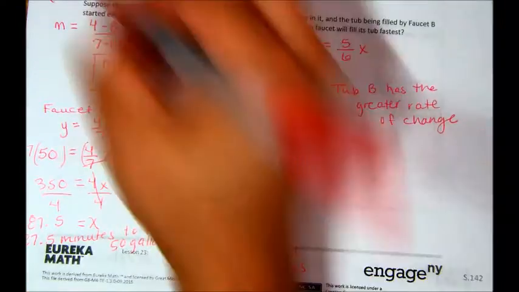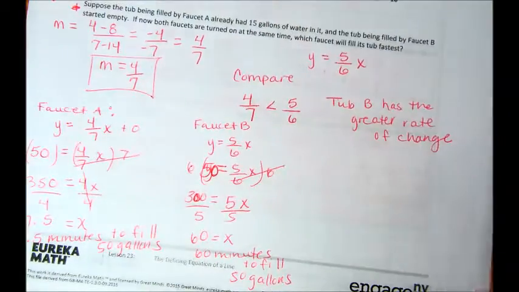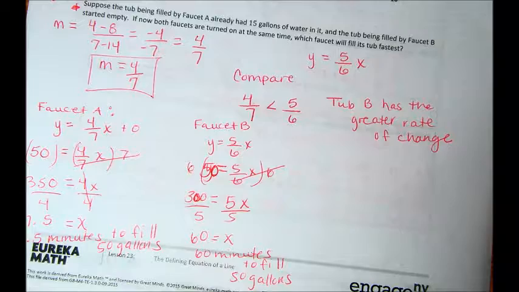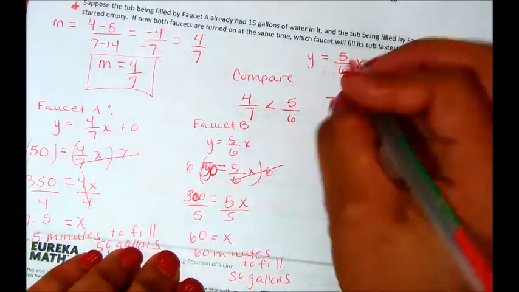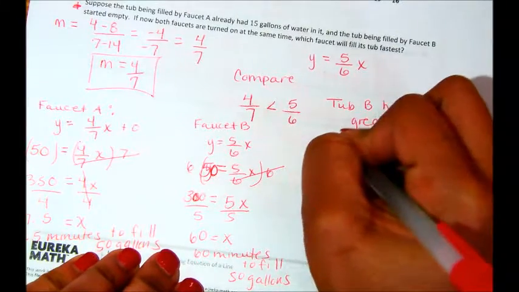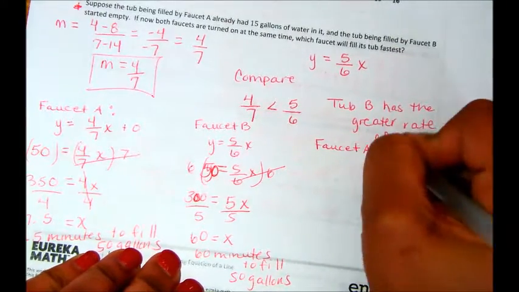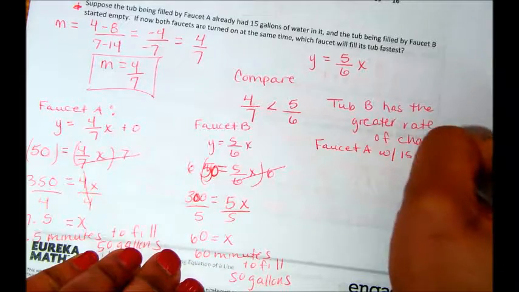All right, let's do a bit of a challenge. Suppose the tub being filled by faucet A already has 15 gallons of water in it, and tub B started empty. If both faucets are turned on at the same rate, which tub fills the fastest? Well, we need to determine the equation for faucet A with 15 gallons.